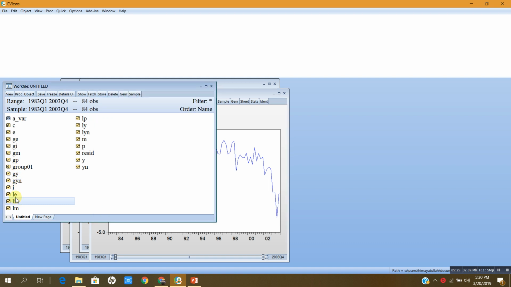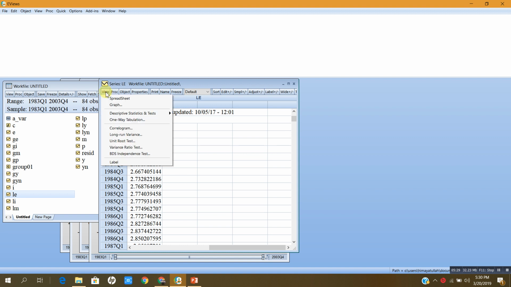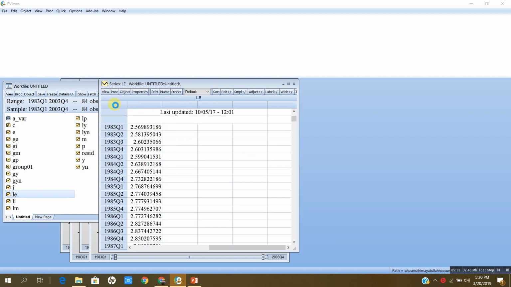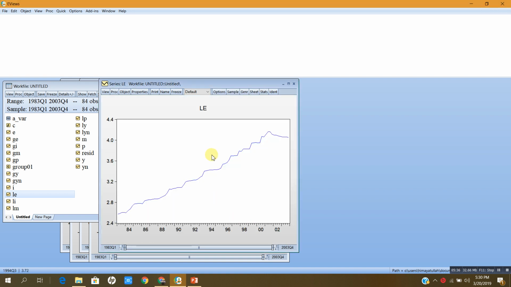This is export data, and I will view its graph, and yeah, this also has a positive trend. So the 5 variables, that is log of real GDP, log of prices, log of money supply, log of imports, log of exports, have some kind of trends. So these series are not stationary. So I will check stationarity of these.